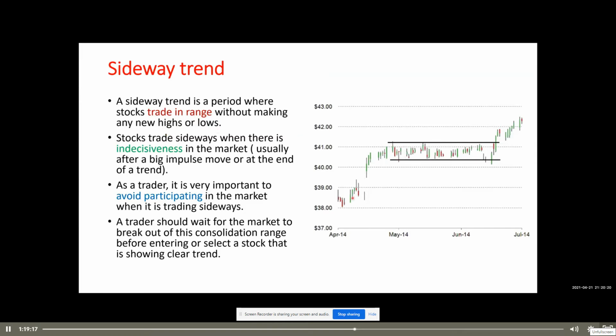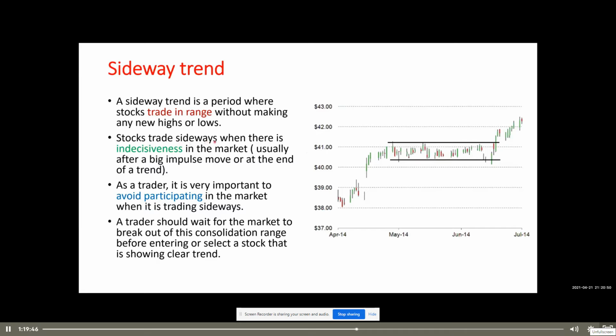You guys can see that there is a swing high and low forming here, but then from May 14th until June end, the stock is not going anywhere. There are no new highs or lows formed. It's just chopping around, trading sideways, range bound. There are like 100 different ways to say the same thing, right? It's just going nowhere. It's just trading sideways, right? So a sideways trend is a period where stocks trade in range without making any new highs or lows.